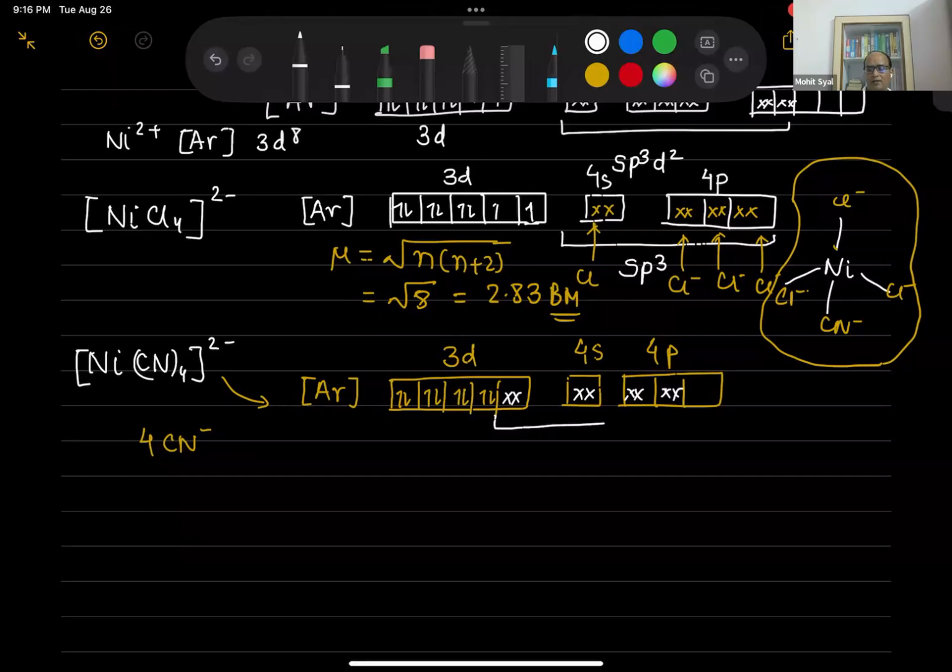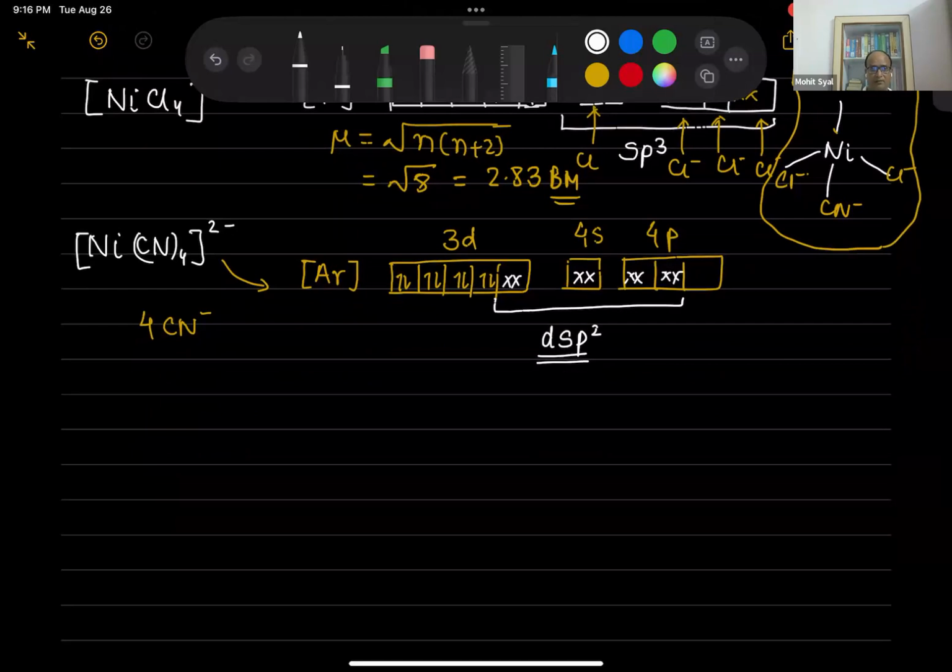What's going to be the hybridization? dsp2. What's going to be the shape if it is dsp2? This is dx square minus y square, which is pointing along the x-axis and y-axis. So the ligands will also point along the x-axis and y-axis. It will be a square planar complex with 4 ligands at 90 degrees.